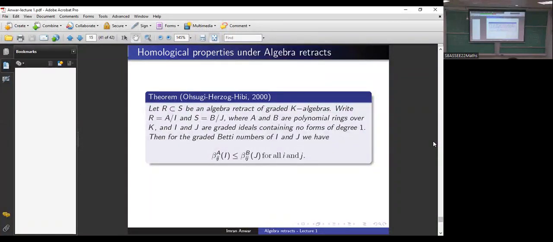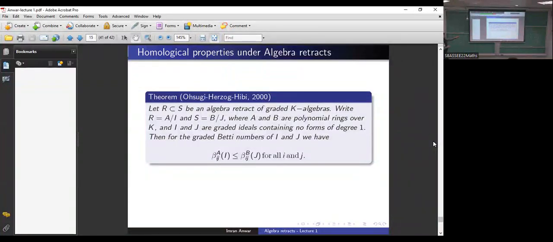Then if there exists a retraction from R to S, the graded Betti numbers of the ideal I and the graded Betti numbers of the ideal J have this particular relation between them. So the graded Betti numbers of J will supersede, and this is not only about the Betti numbers, it is about the graded Betti numbers.